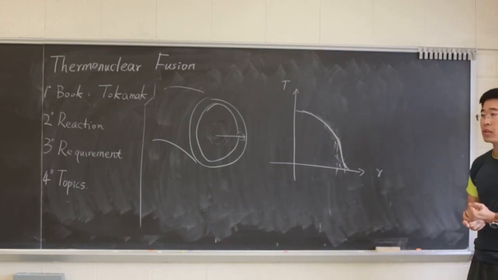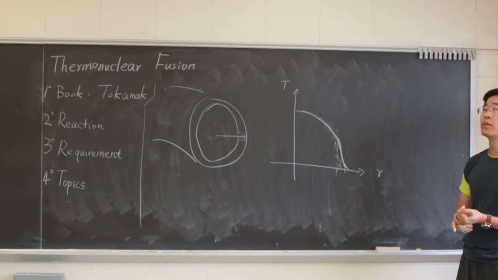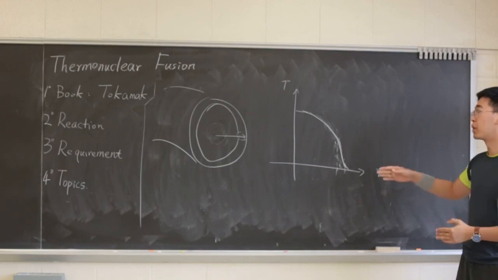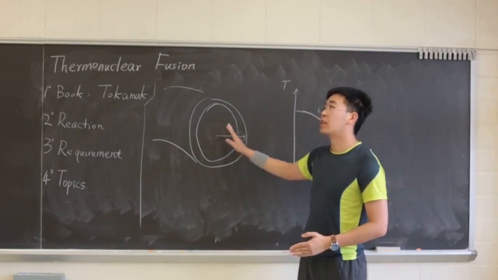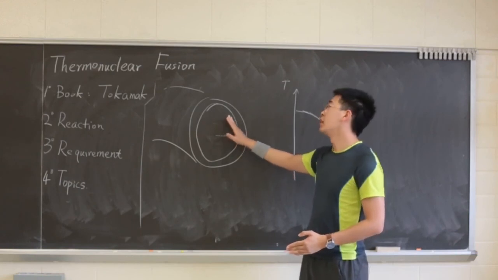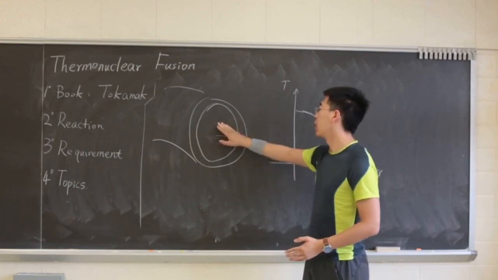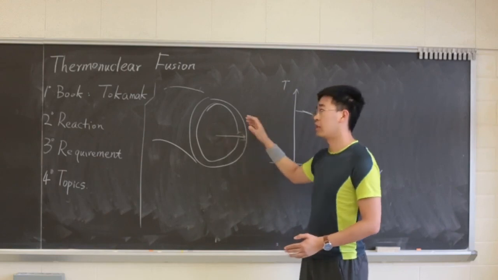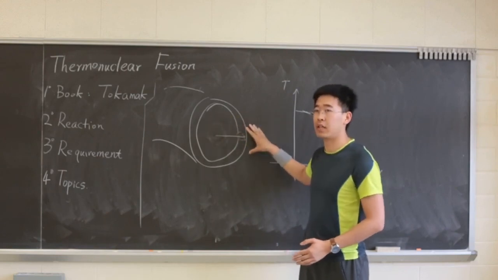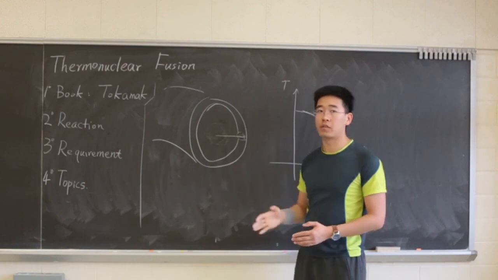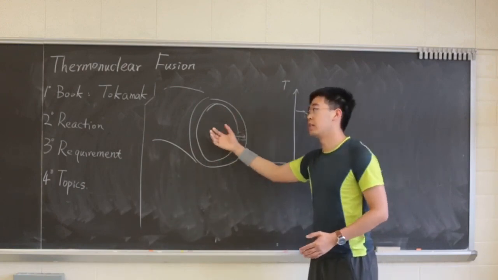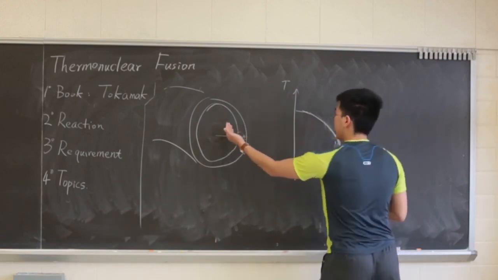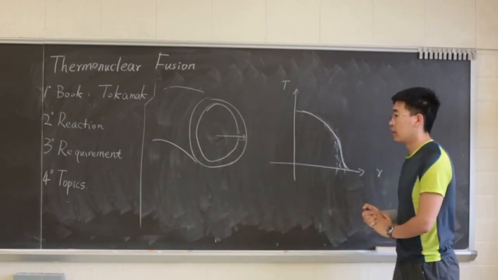So we need to find several ways to reduce the transport. Heat transport is basically the heat going out of the core to outside of the device, and particle transport is basically particles inside of the device getting out of the device.